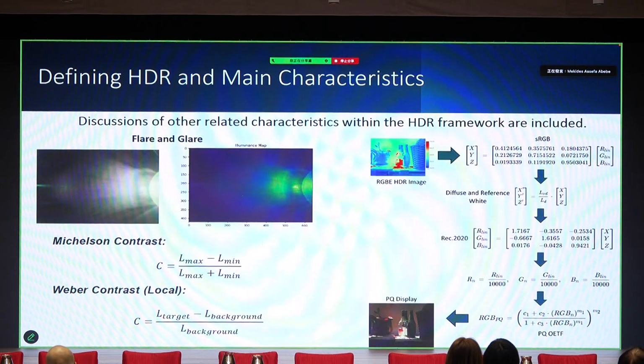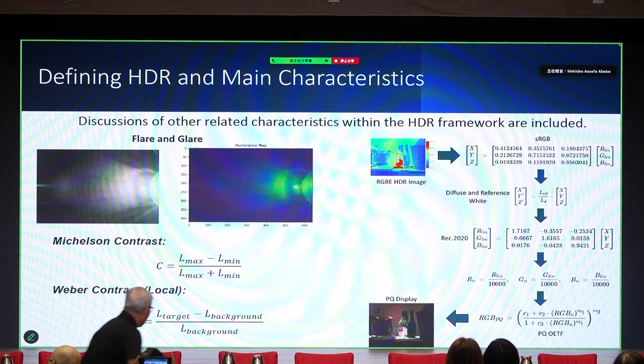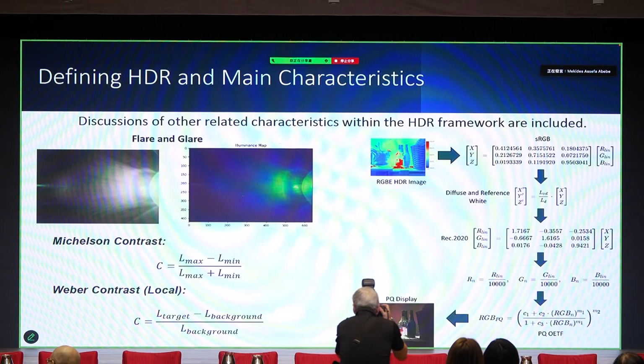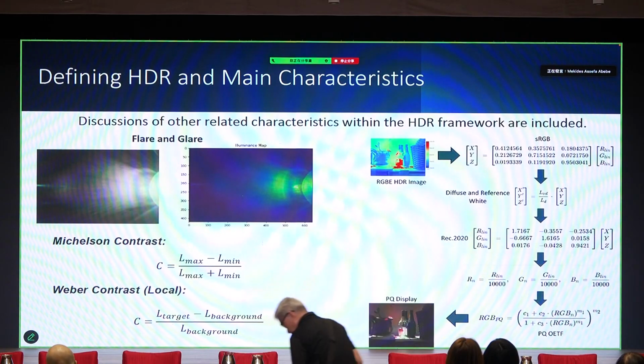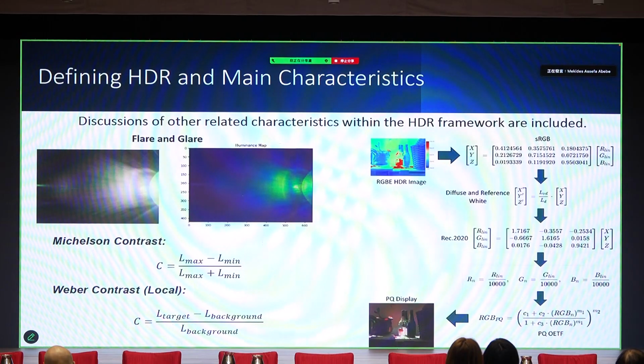Yeah, so this is just more examples of key characteristics. In addition to dynamic range, we consider flare, glare, contrast, and also diffuse and reference white. For example, headroom was presented earlier today, which is really very important because of the difference between diffuse white and the headroom, and how it really affects the representation of high dynamic range contents versus SDR contents.